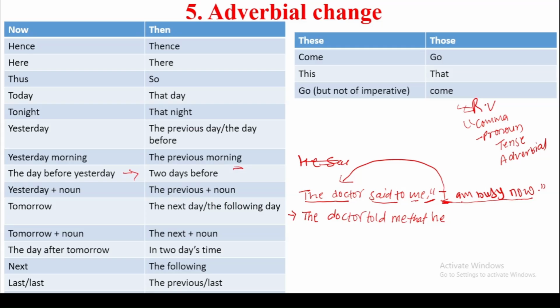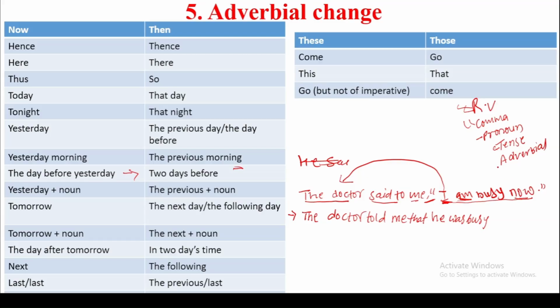Now we have to change tense. The am is representing tense. If there is am, is, or are plus a complement, it is changed into was or were. So am is changed into was. With he we use was. He was. Busy remains the same.